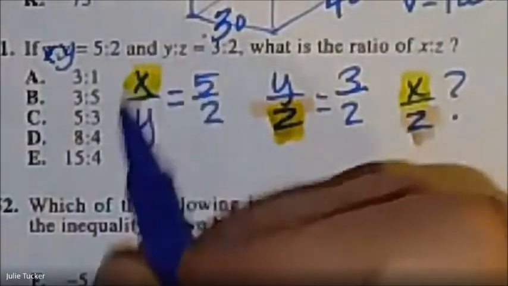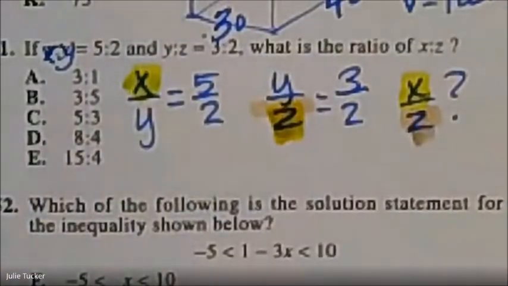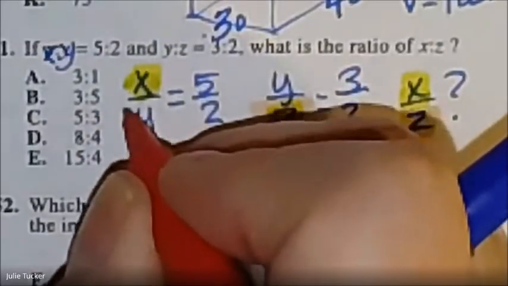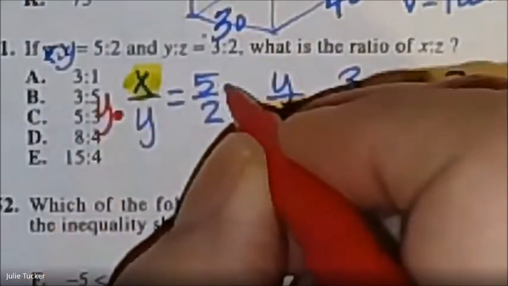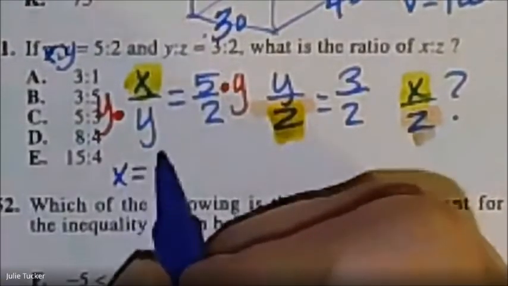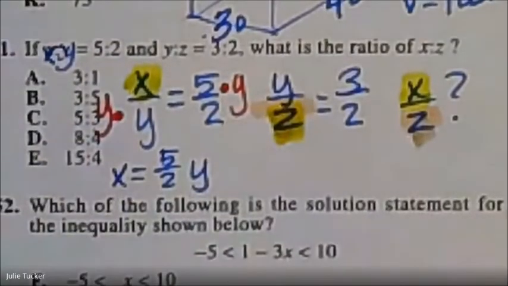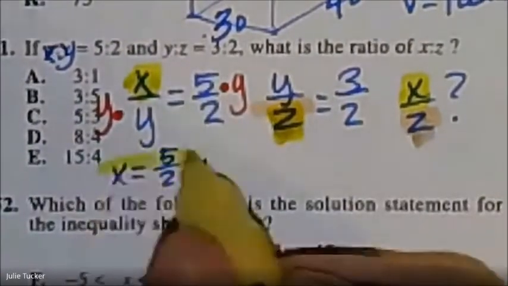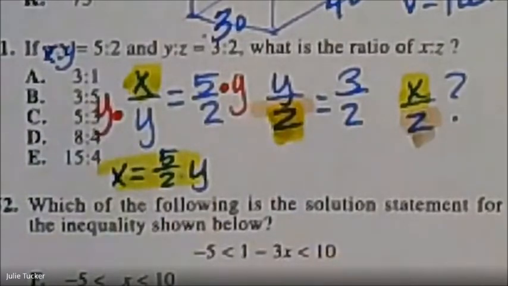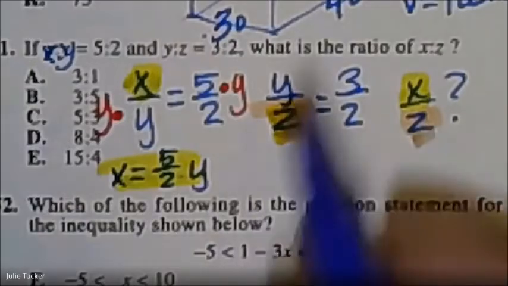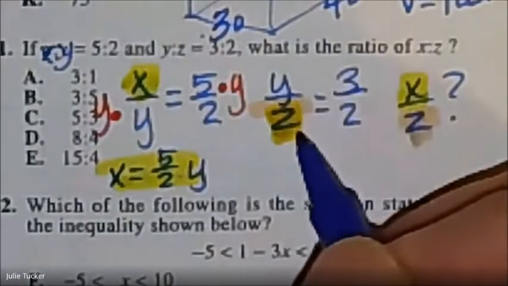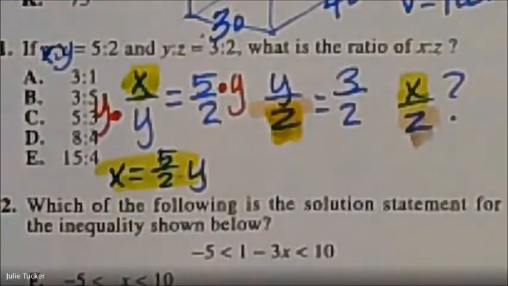So to isolate this x, since it's x divided by y, couldn't I go times y and times y? So that would be x equals 5/2 y. So that'll be the x equation. And then for the z equation, it's trickier because it's in the denominator.